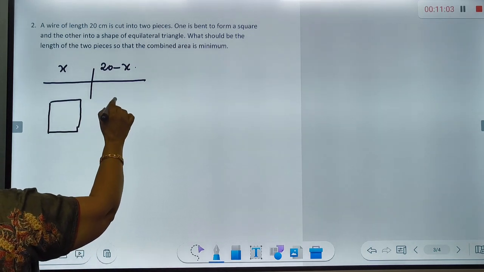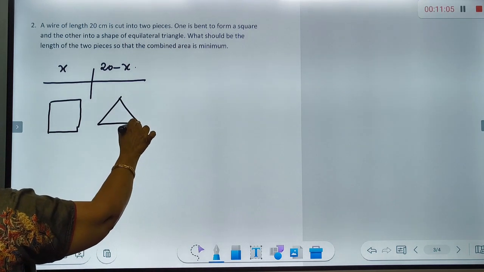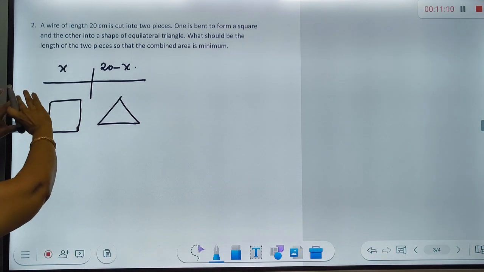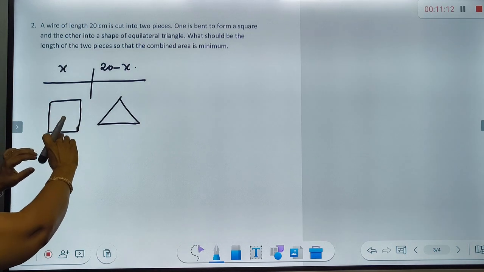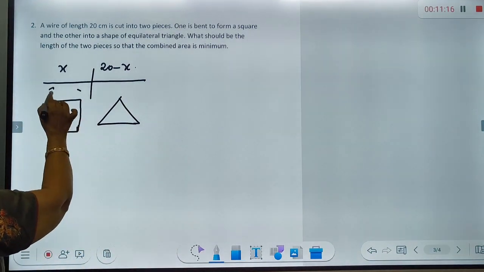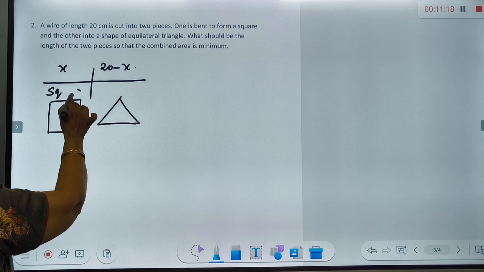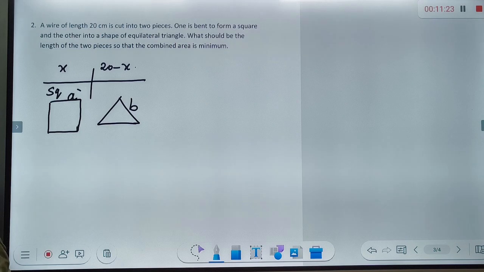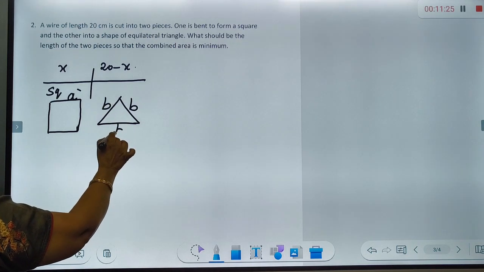The other is bent to form an equilateral triangle. So you bend this x and make a square. You bend this portion of the wire and make an equilateral triangle. So this is a square. Let us suppose the side is A. This is an equilateral triangle. Let us suppose the side is B.